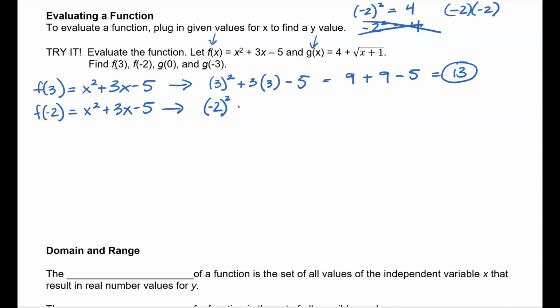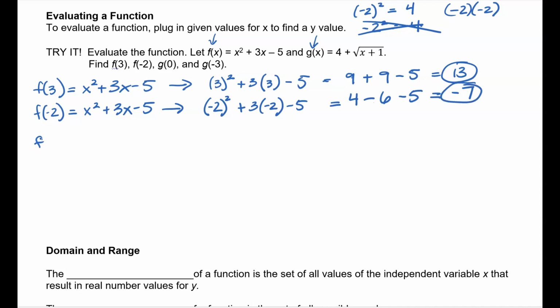Or you can just do it by hand, and then you avoid any potential mistakes with the calculator. So if we evaluate this, (-2) squared is 4, minus 3 times -2 is -6, so I'm going to write -6 and then -5. And then we get -7 altogether.